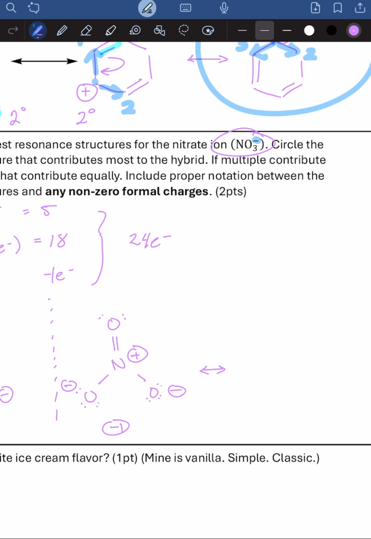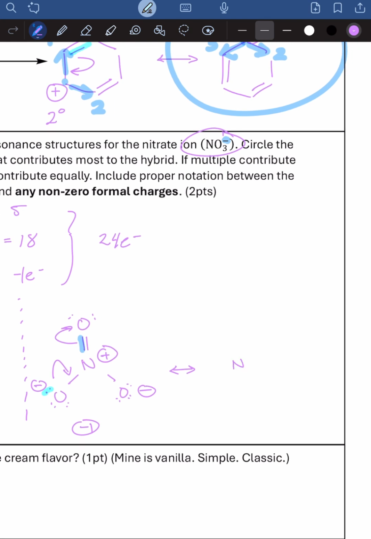So in this case, when we have a double bonded oxygen, the electrons can swing up like this, and one of the other electrons must swing down. So then we have a resonance structure that looks like this, something like that, with a negative charge here, a negative charge here. Nitrogen has a positive charge, and this is going to be what our resonance structure looks like.